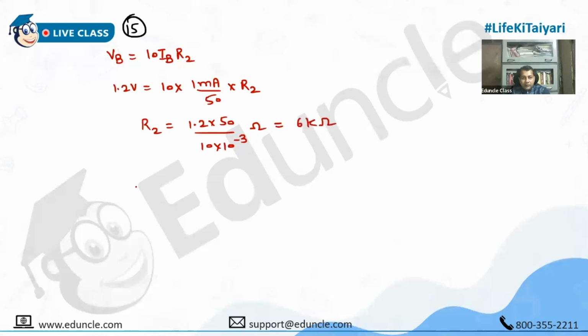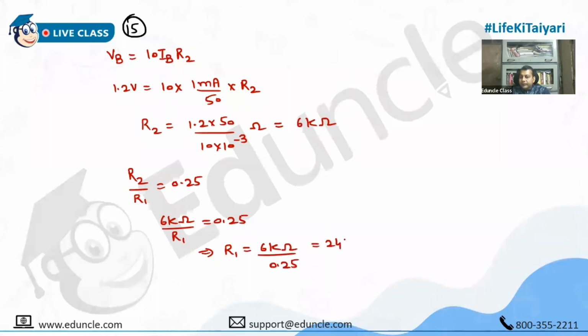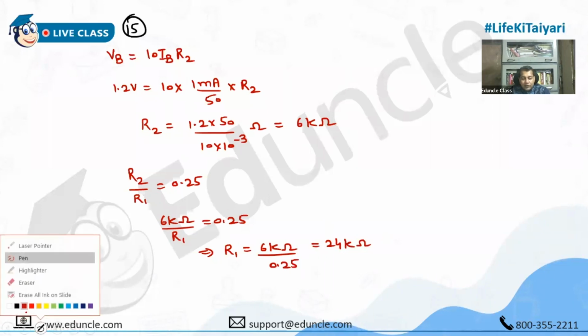And R2 by R1 was 0.25. So 6 kilo ohm by R1 is 0.25. So R1 will be 6 kilo ohm by 0.25, that is 24 kilo ohm. So that's how we can get the exact values also in this particular problem.